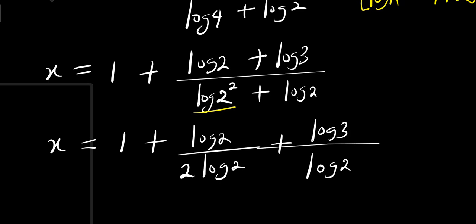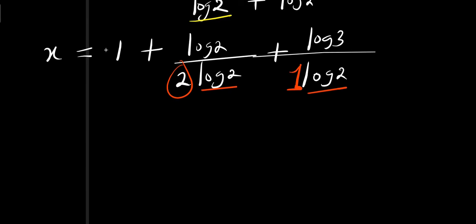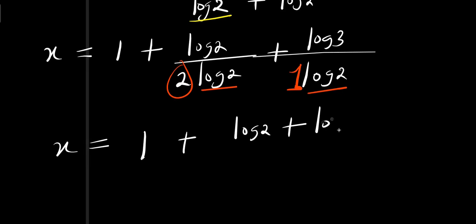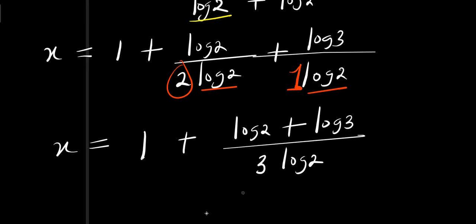So the coefficient here is 2 and the coefficient here is 1. So 2 log 2 plus 1 log 2 will be 3 log 2. That means we have x equals 1 plus log 2 plus log 3 divided by 3 log 2.